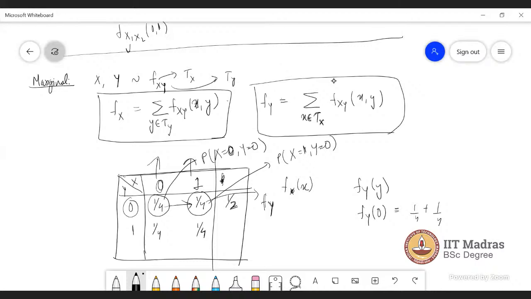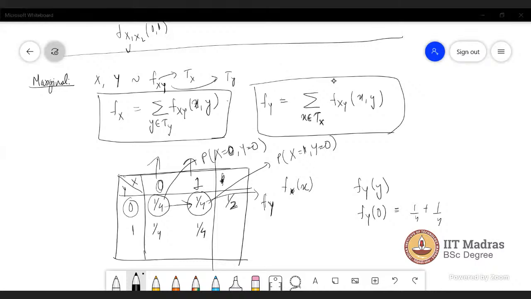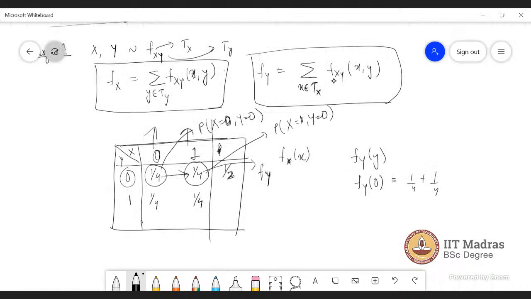No, X equals 0 means you are getting a tail, and Y equals 0 means you are getting a tail. Y equals 1 means you are getting a head, and X equals 1 means a head. So on the first toss you received a tail, and on the second toss also a tail.